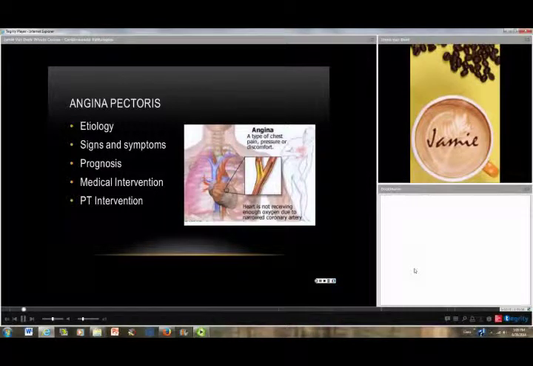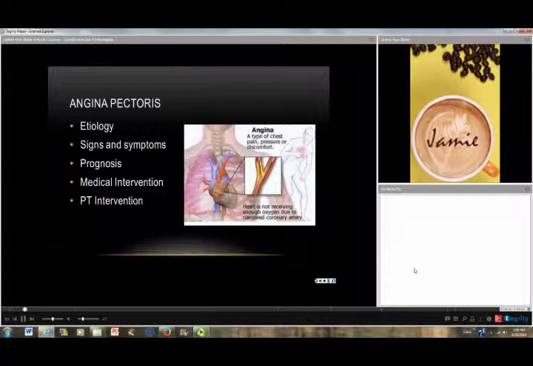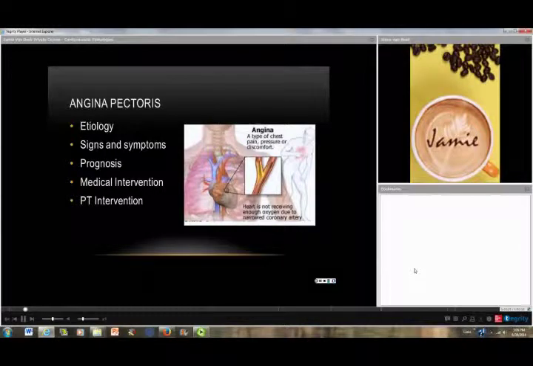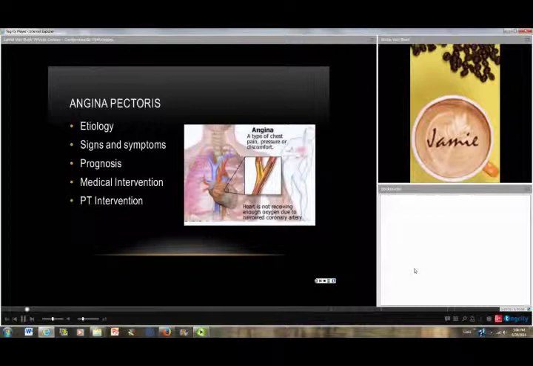The thing about angina is that it's a pain that tends to be very severe, very sharp, and it comes on very suddenly with overexertion, emotional stress, or extreme exposure to temperatures or high humidity. And when you think about physical therapy, we're doing just that. We're causing exertion.